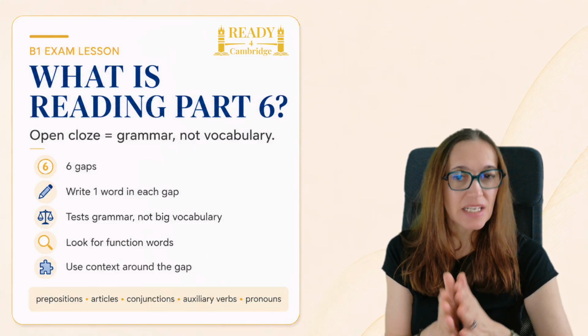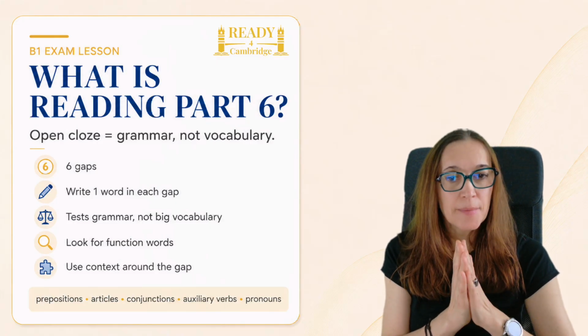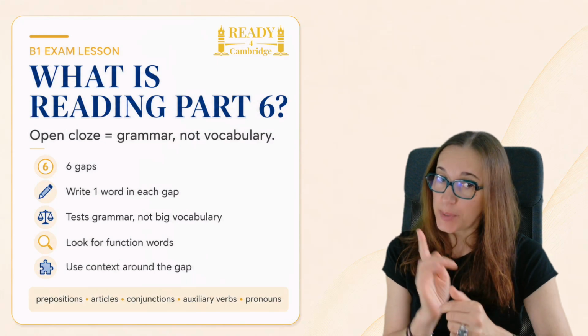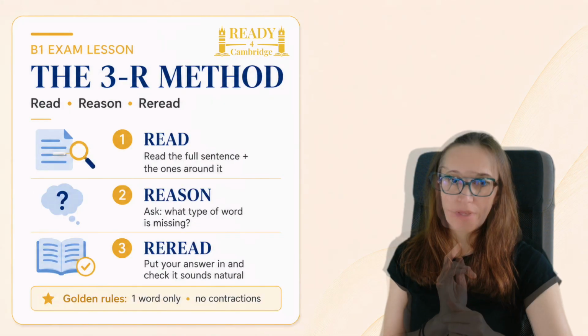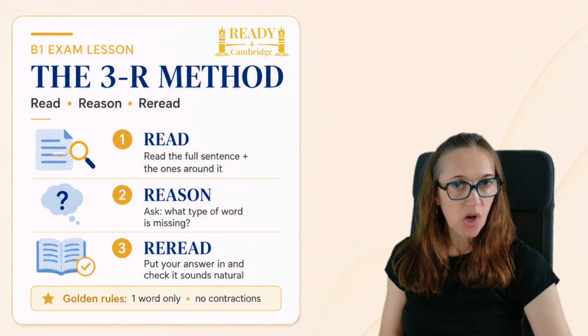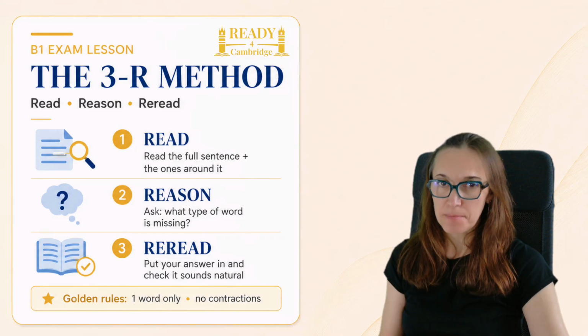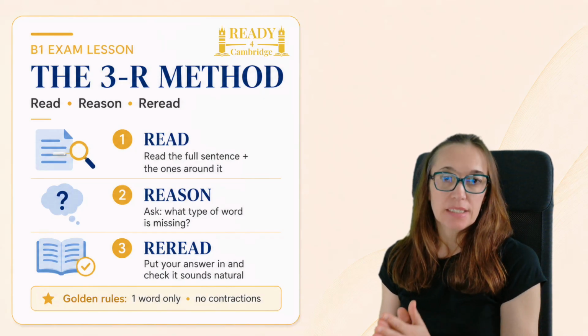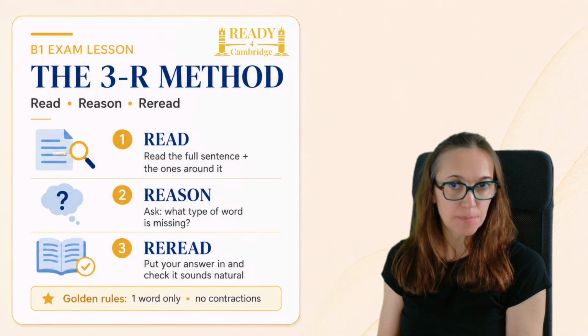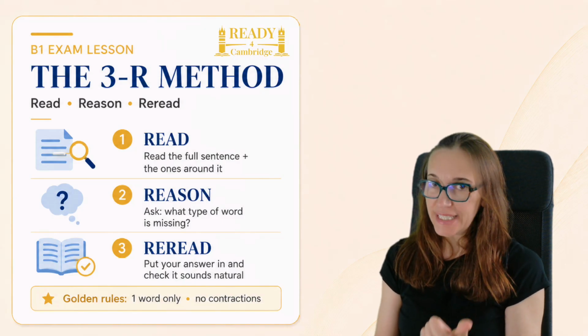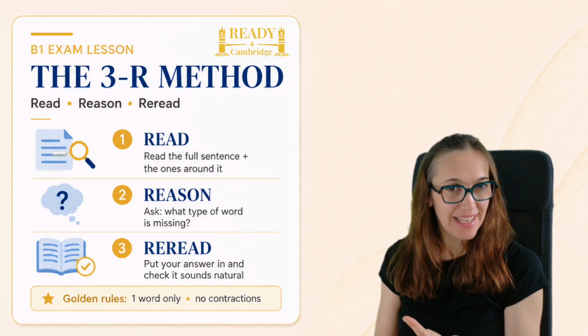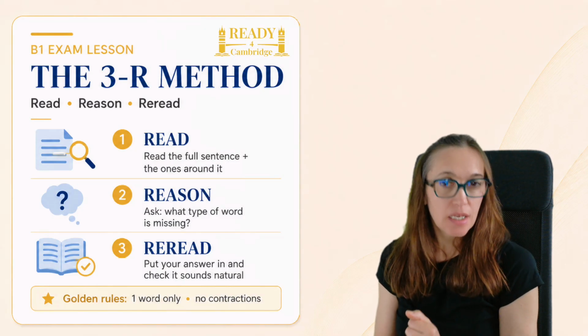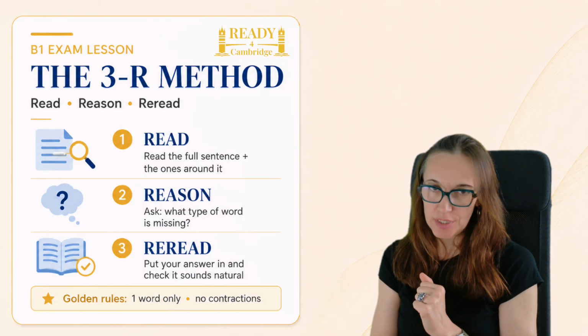And that's exactly what the method I'm going to show you is built around. The method is called the 3R method. And it has 3 simple steps. Read, reason, and reread. Let me walk through each one.